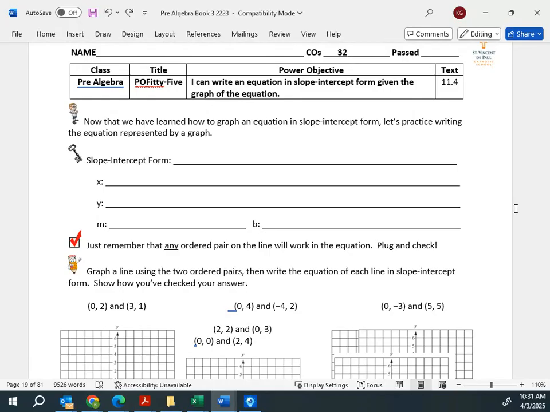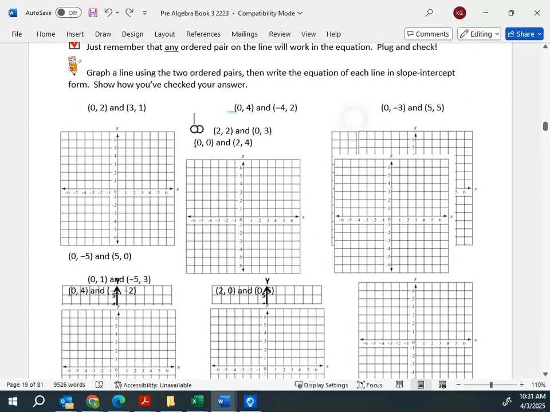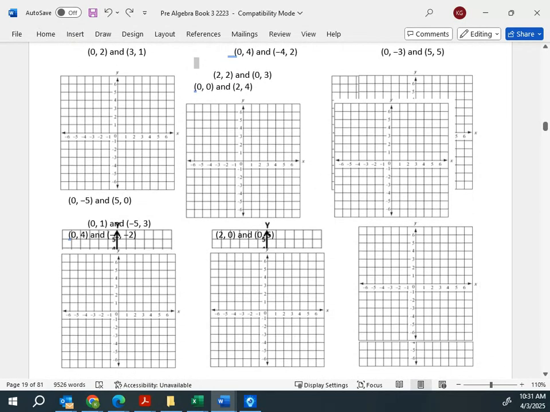I don't know why this looks so goofy here. Let me see if I can fix that real quick before we get started. It does look a little bit different. Why does it look like that?